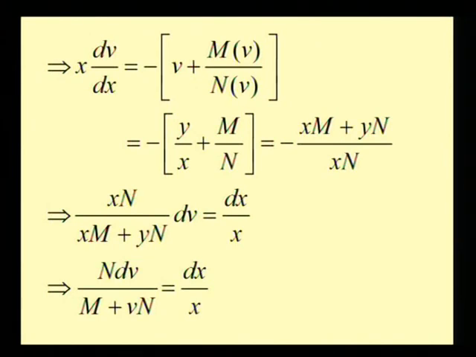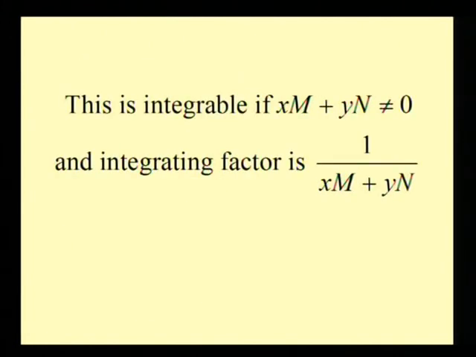That will give you ultimately x dv by dx is equal to minus v minus M upon N, which simplifies to minus (xM plus yN) upon xN, so dx upon x is equal to minus xN upon (xM plus yN) dv, and integrating this, we get the integrating factor.